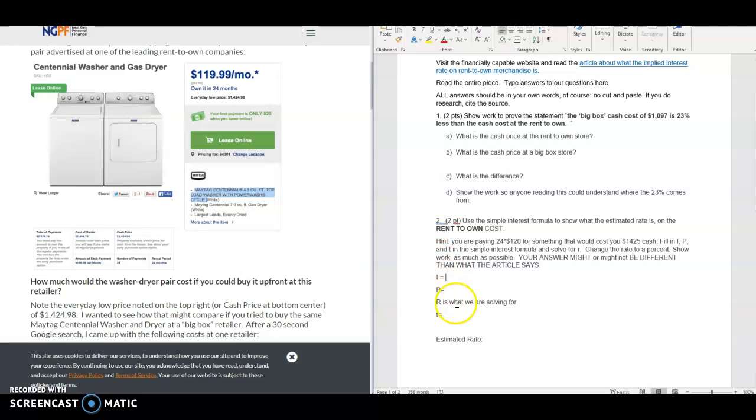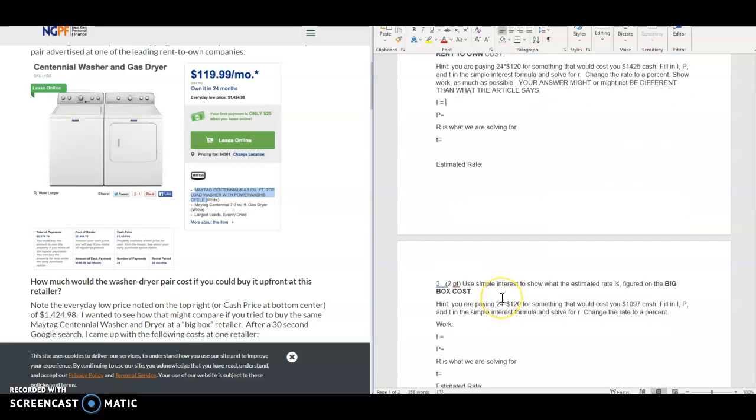The rate is what you're solving for, because you're trying to find the interest rate. And the time is the time in years, so you have to figure out how many years you are paying for rent-to-own. Then you'll solve using the formula I equals P times R times T. You have one missing variable, so that's what you're going to solve for.